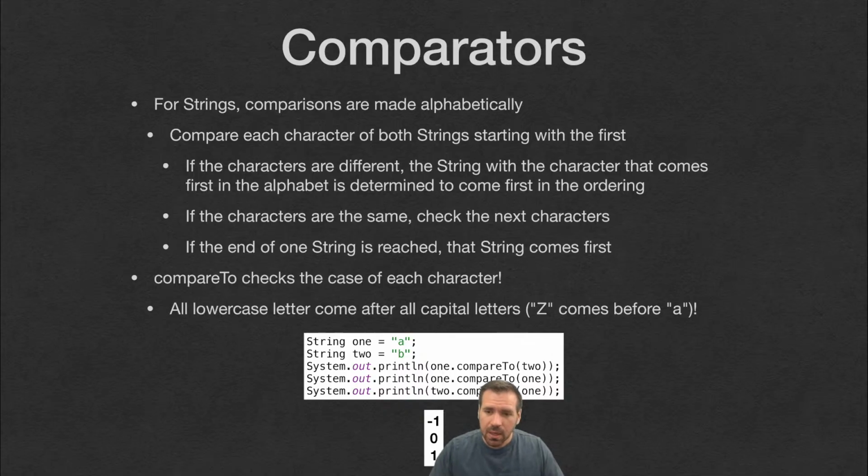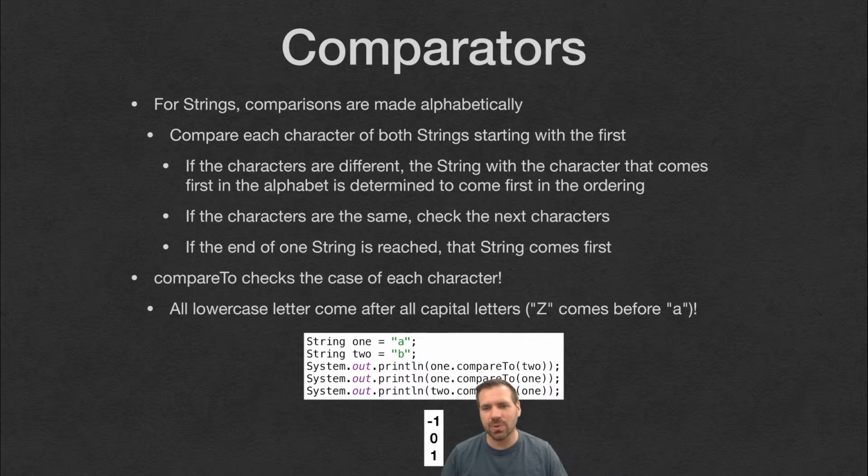The problem is that all of the lowercase letters come after all the uppercase letters. Specifically in ASCII and a lot of other UTF-8 and other character code encodings, the lowercase letters come after the uppercase letters. So if you have a word that starts with a capital Z, that's going to come after a word that starts with a lowercase a, which is probably not the ordering that you want.